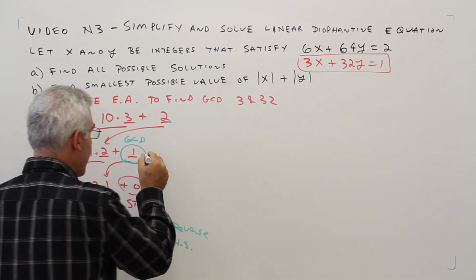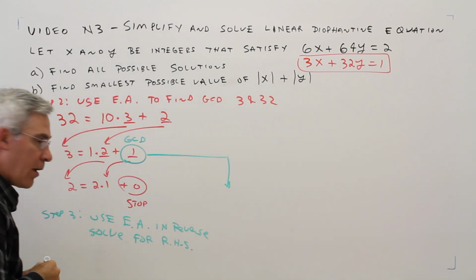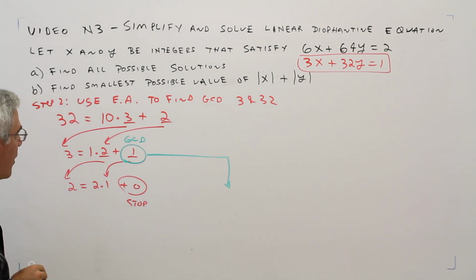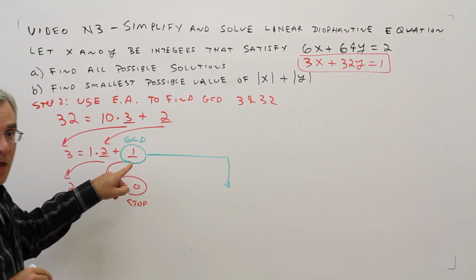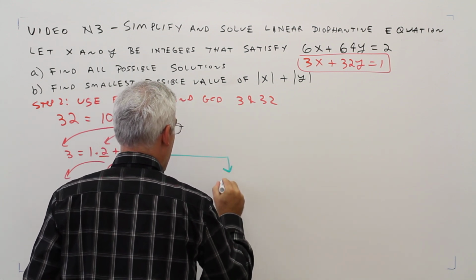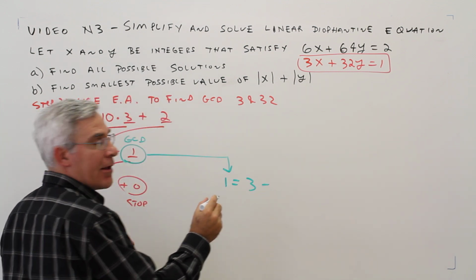And what I usually do is I start here. Okay, so I'll just erase this so I've got some more working space. All right, so I'm going to solve for the right-hand side. So 1 equals 3 minus 1 times 2.